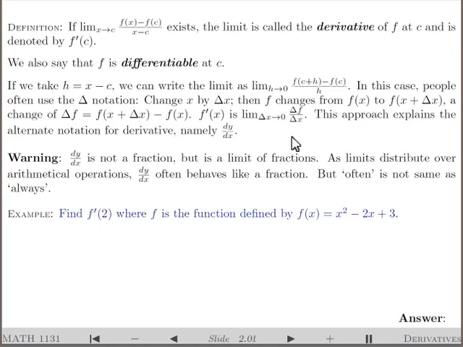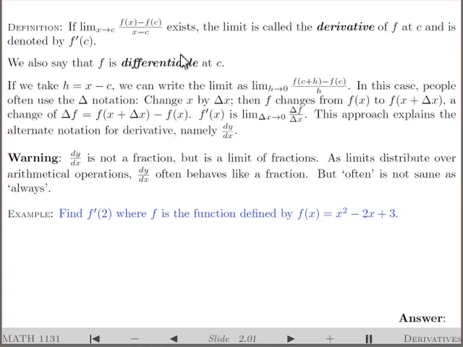So let's do a simple calculation. We will find f prime of 2, where f is the function given by f of x equals x squared minus 2x plus 3. So if I use this definition, I will take (f of x minus f of 2) over (x minus 2) and find the limit.